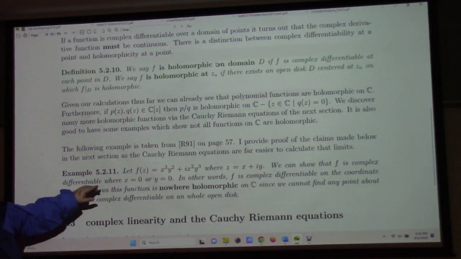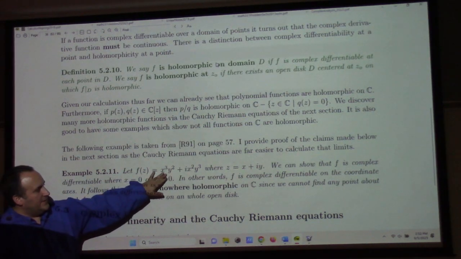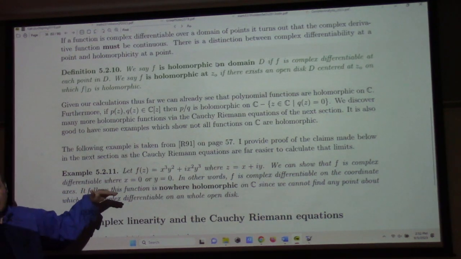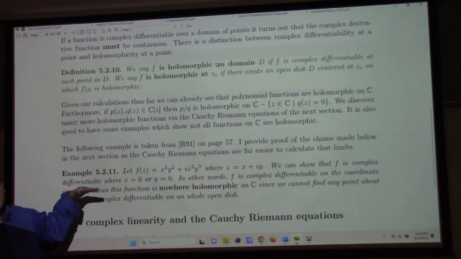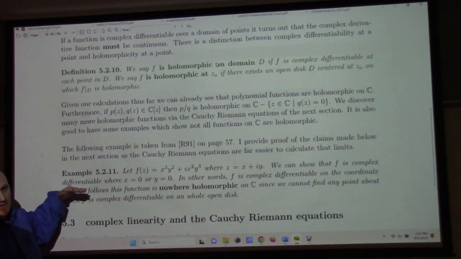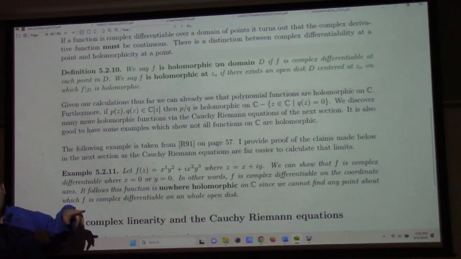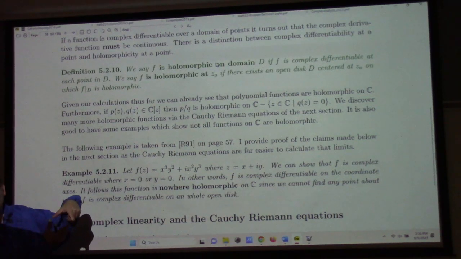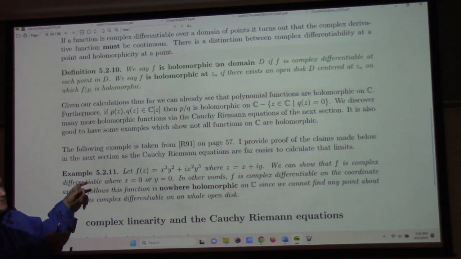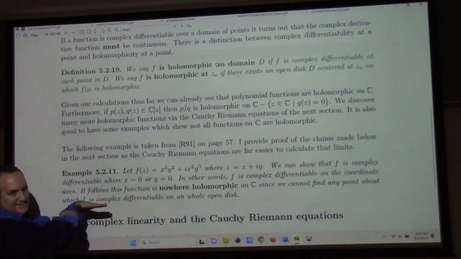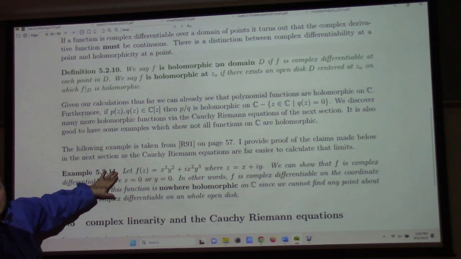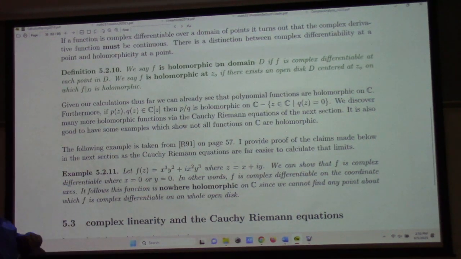It turns out that this function right here is complex differentiable on the coordinate axes. We're going to be able to prove that. But that's it, which means that while this function is complex differentiable on the coordinate axes, it's nowhere holomorphic, because to be holomorphic means you have to have an open set around the point which is complex differentiable. This function is merely complex differentiable on the coordinate axes alone. I don't want to prove that here. It becomes really easy with the next section.